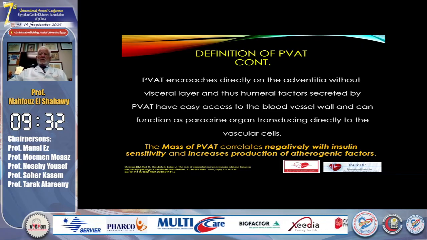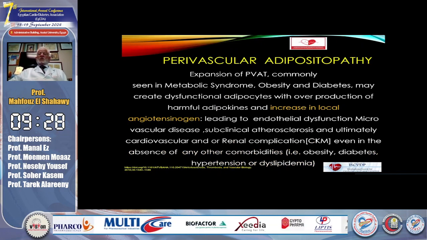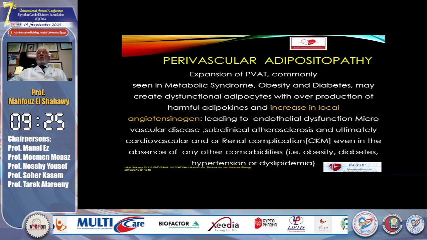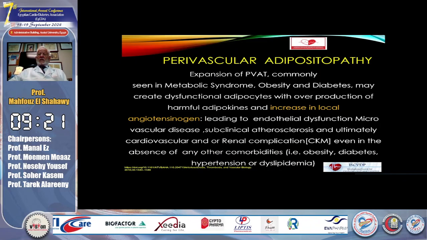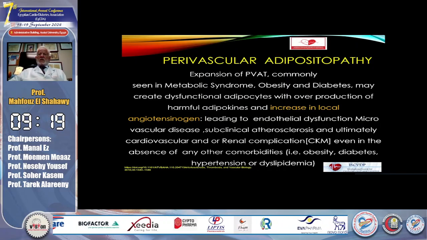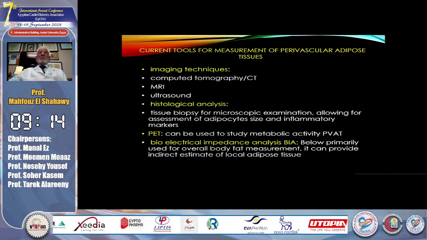So, in summary, expansion of perivascular adipose tissue can secrete adipokines, and when it is in large amounts, it produces more hormones. How can we measure that?